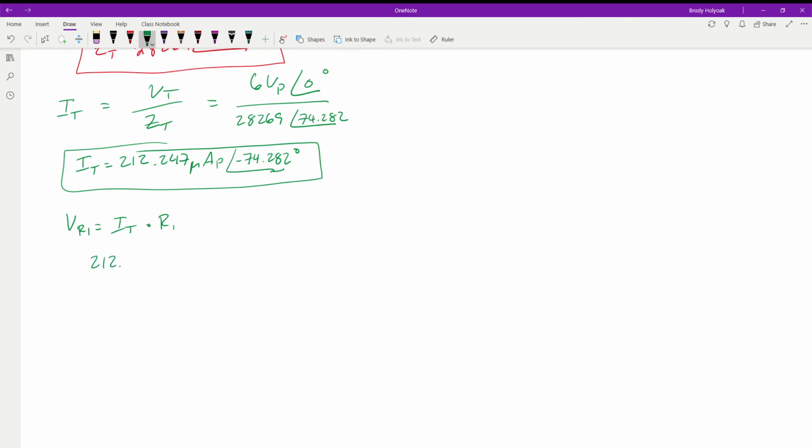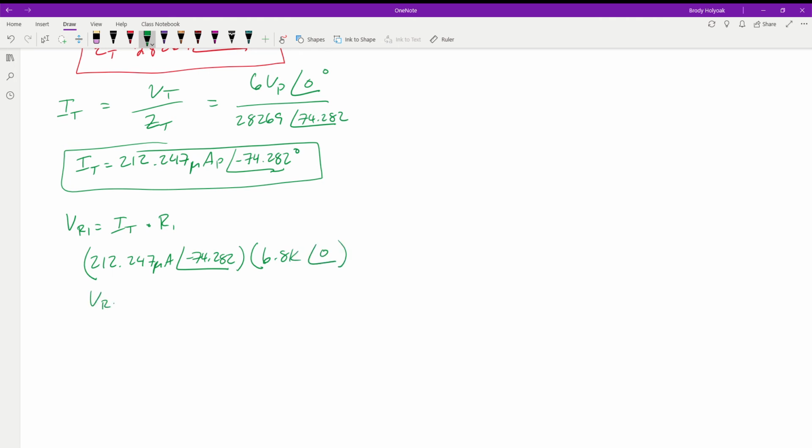So we have 212.247 microamps at an angle of negative 74.282, and that is multiplied by 6.8K at 0 degrees.